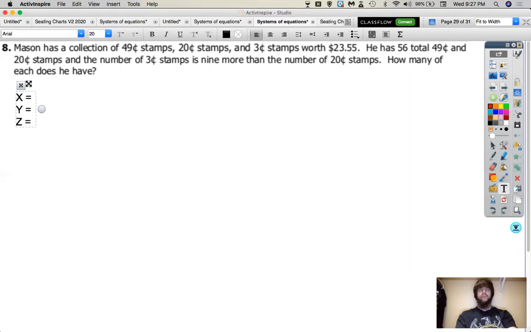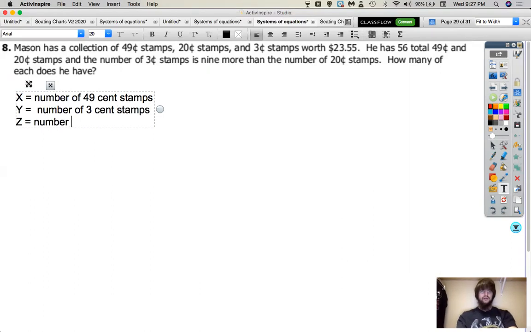The question is, how many of each does he have? So these are going to be number of, and I'll let X be the 49-cent stamps, Y the number of 20-cent stamps, Z the number of 3-cent stamps. Could have done it the other way around. Does not matter.